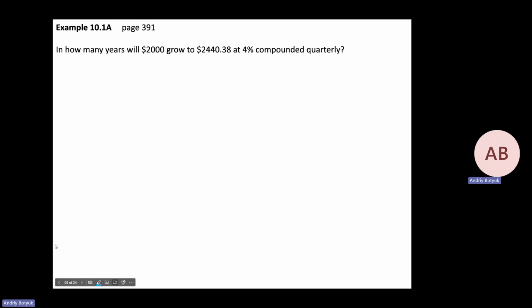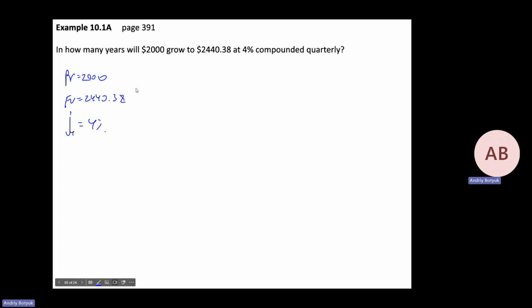Let's do here. So what do we have? We have present value 2000. We have future value 244038. We have J4, 4%.